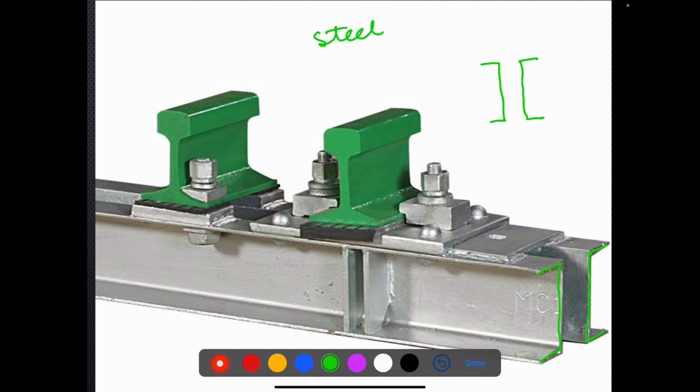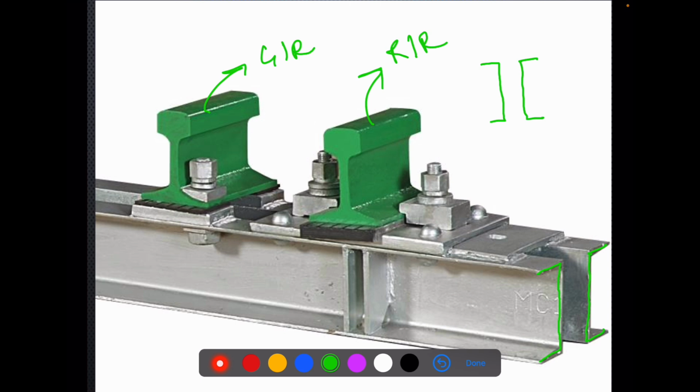Now, what other members are there? So basically, this is my running rail. This is my guardrail, right? This is the holding arrangement of these running rails.